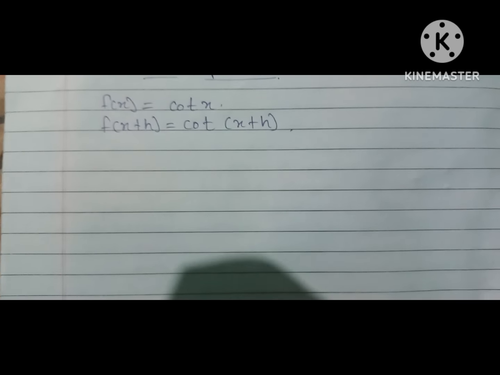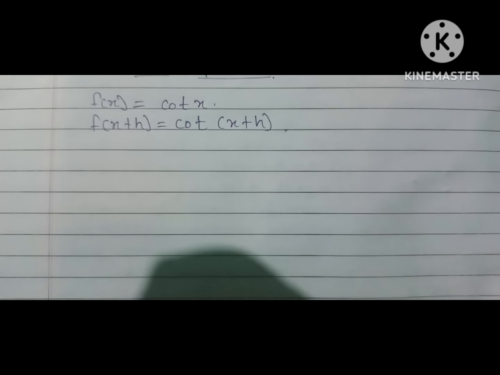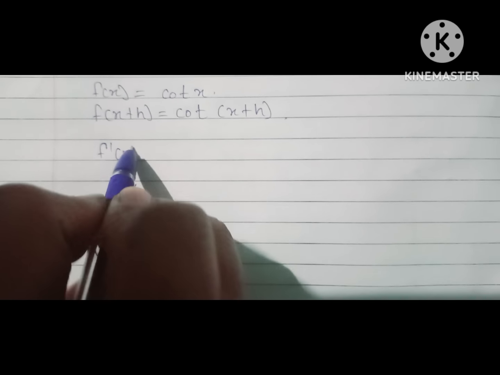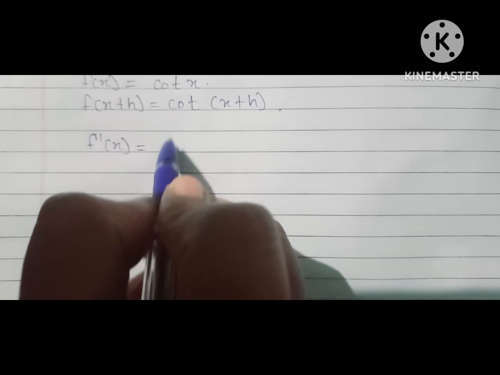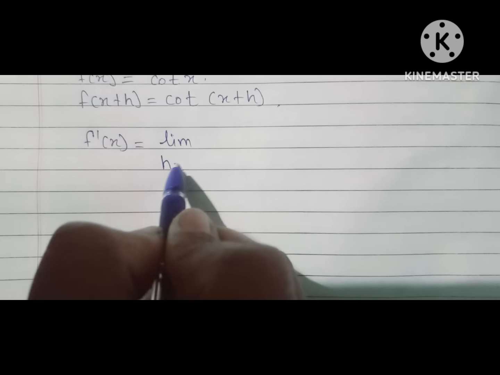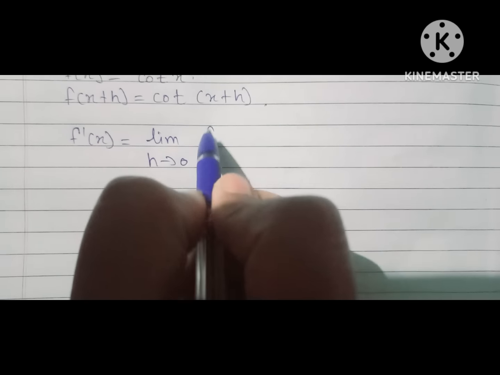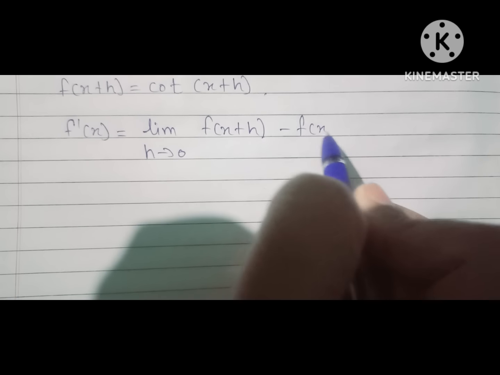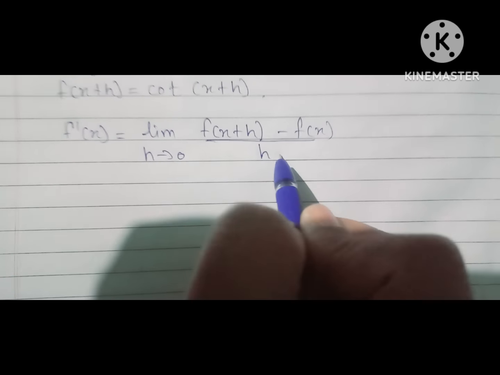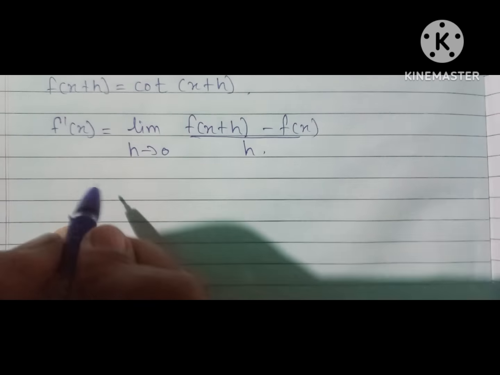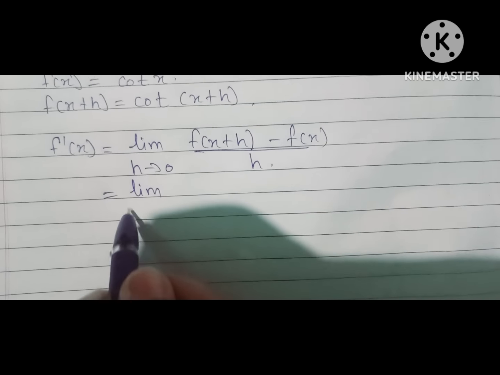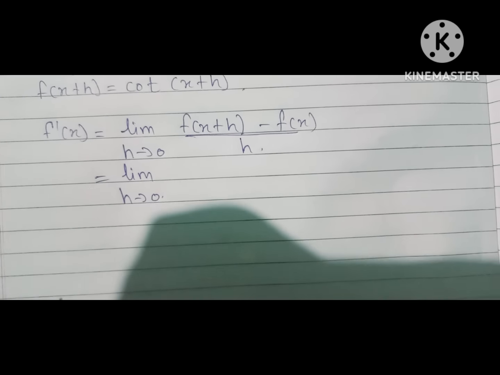Then, as we already know the formula for first principle, f dash x is equal to limit h tends to 0 of f of x plus h minus f of x upon h. So by substituting these values, we'll get limit h tends to 0.